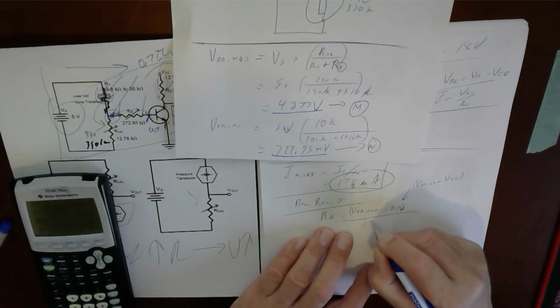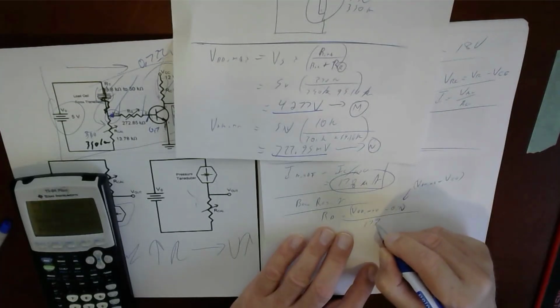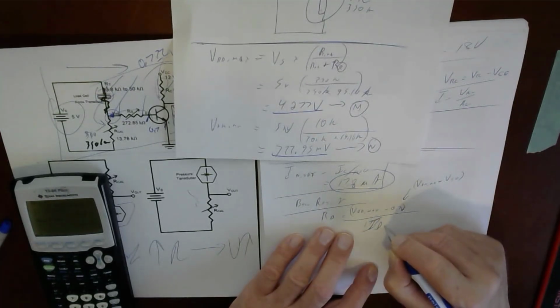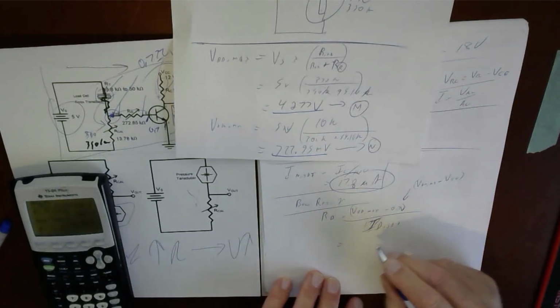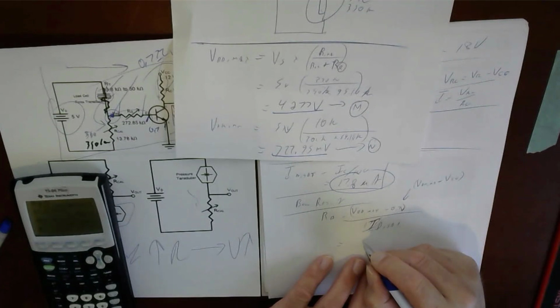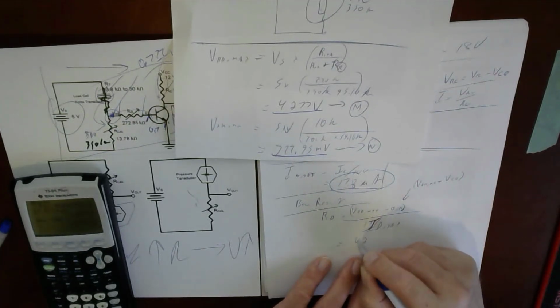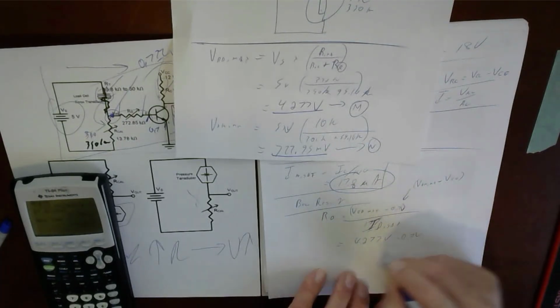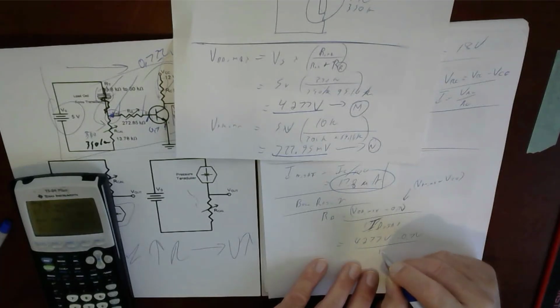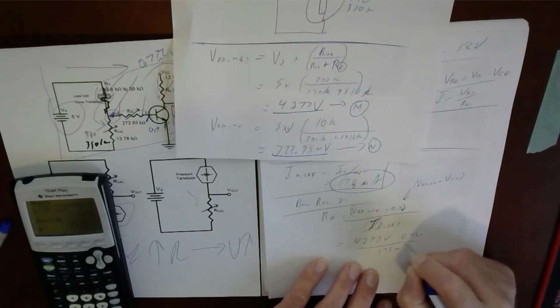And that's going to be divided by, sorry, IB sat. So if I put those numbers in, that's going to be 4.277 volts minus 0.7 volts divided by 17.8 microamps.